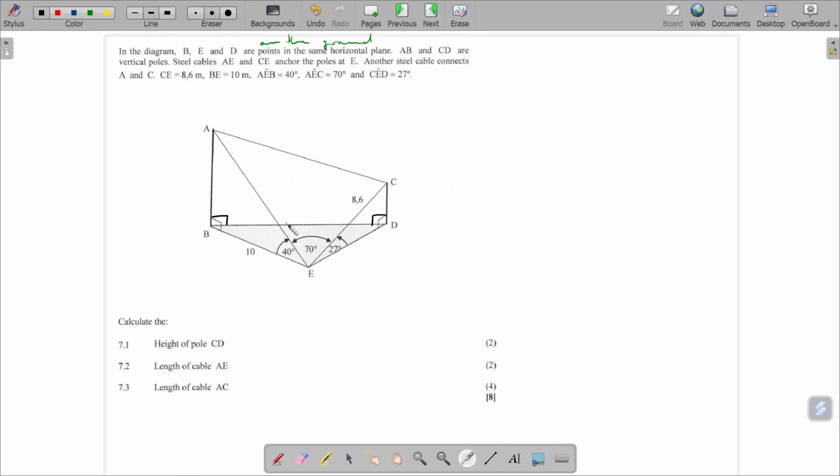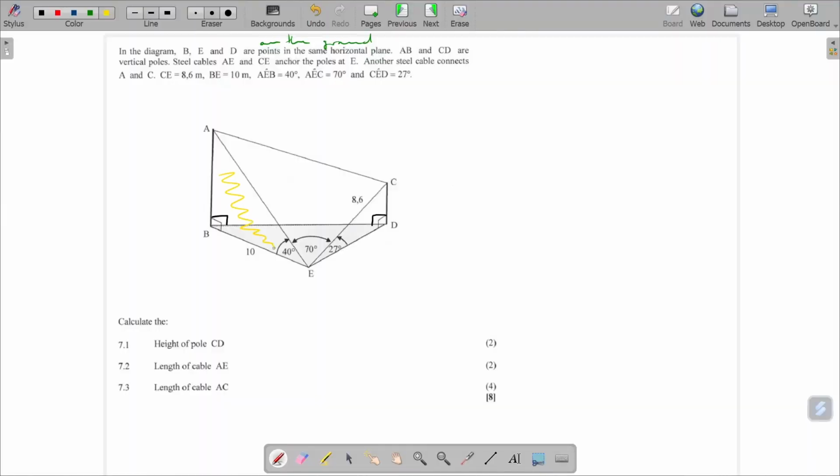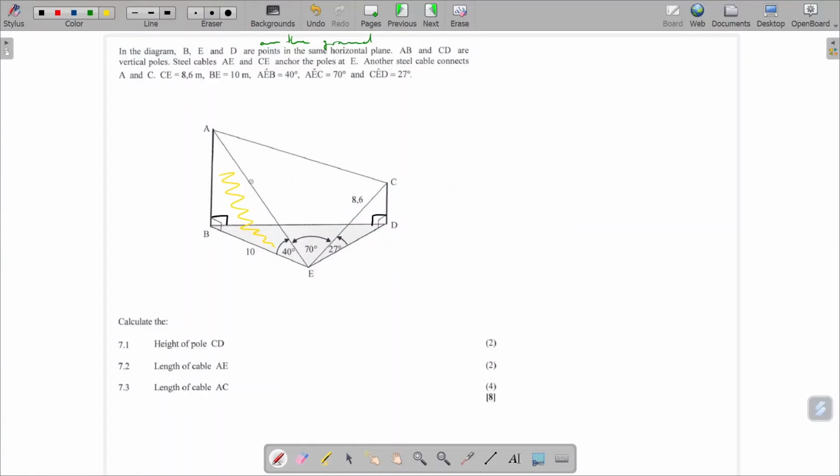Let's have a look here at these various shapes. If we take this right triangle, ABE, we currently know 3 facts in it. The good news is we do know 3 facts. If we look at this triangle over here, CDE, there we also know 3 facts: the right angle, 27 degrees, and 8.6 meters of the length of the cable.